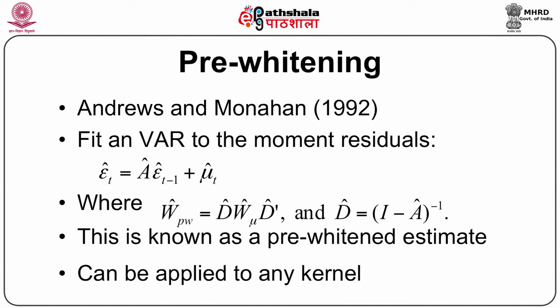You fit a VAR model of the moment residual, where g hat_t is equal to A times g hat_{t-1} plus epsilon hat_t, and W hat is the pre-whitened data for W. This can be written as D hat multiplied by W hat_epsilon multiplied by D hat prime, where D hat is equal to (I minus A) whole inverse. This is known as the whitened estimate, and this can be used with any kernel.